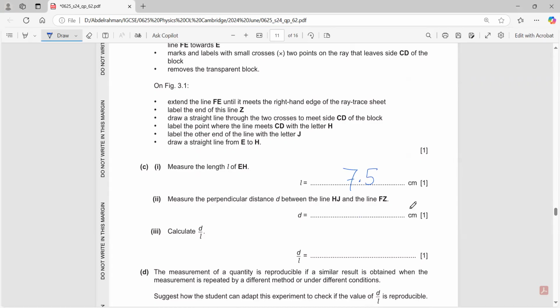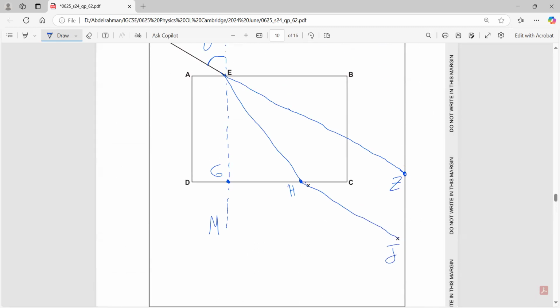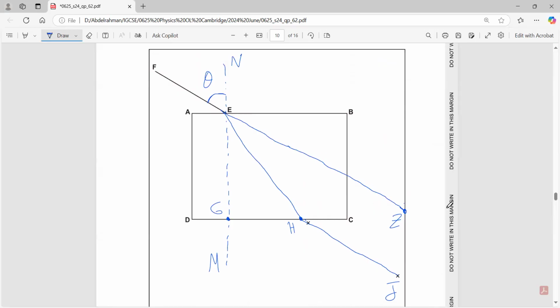Measure the perpendicular distance d between lines HJ and FZ. This is HJ, and this is FZ. So we need to measure this very small distance. Do not draw this dotted line.